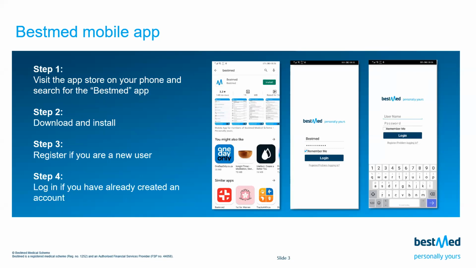But what is very important, before you start with the registering process, you must ensure that your contact details on the BestMed databases are the same ones that you are going to use to register, because the app will validate your information against the information on the databases.